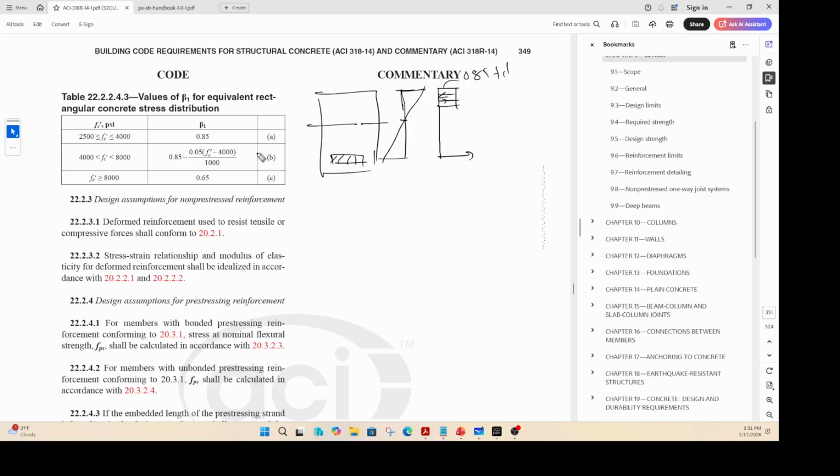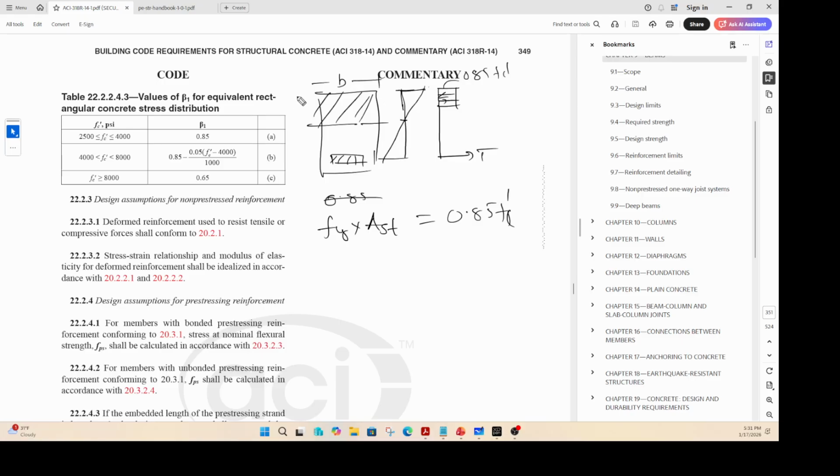How do you calculate your depth of neutral axis? It is pretty straightforward. You take your tension and equate it to the compression. What is the total tension? Total tension is Fy stress times area of steel, right? What is the compression? The width of the block is 0.85 fc prime. Where is it acting? It's acting here. What is that area?